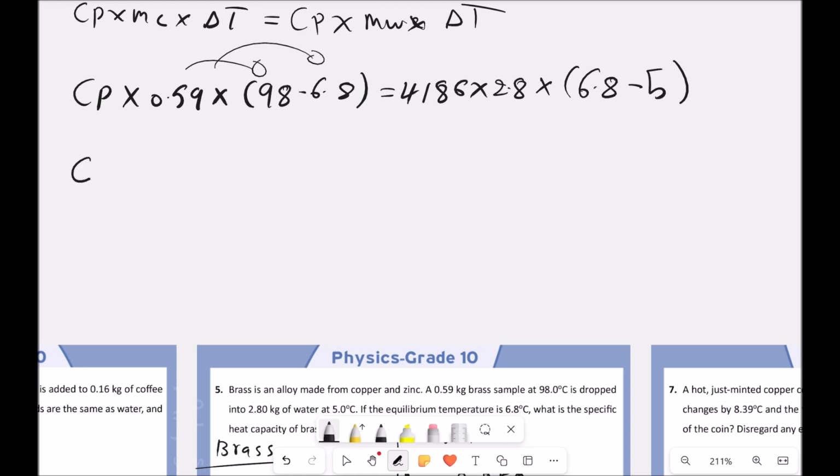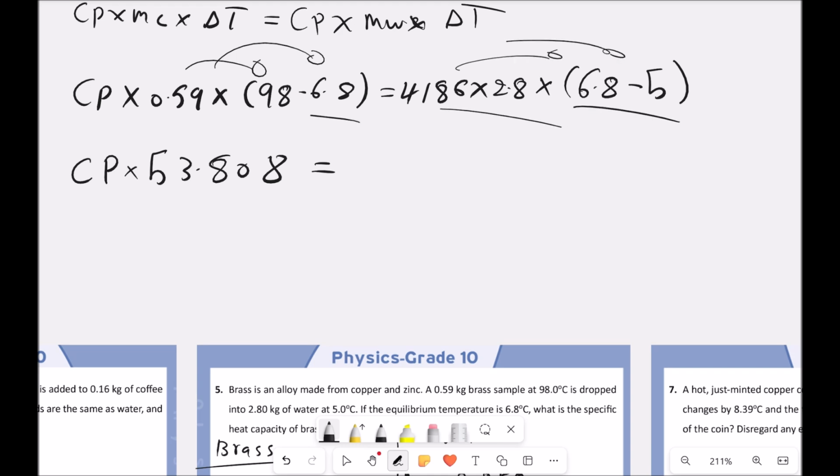You should get Cp times 53.808, which is equal to what? Again, multiply this by this and by this, or you can just subtract this and then multiply it by this one. Again, you can do the same thing for this one too. So you have 210,097.44.